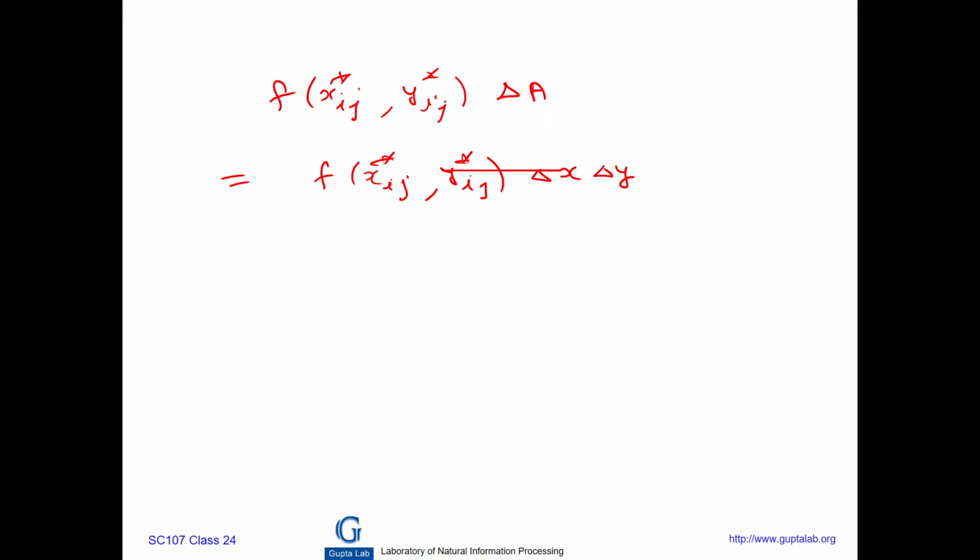This is the volume of the small strip, with the base area delta A, delta x into delta y, times f of xij star, yij star, which is the height. So this is the volume of the small strip, right?